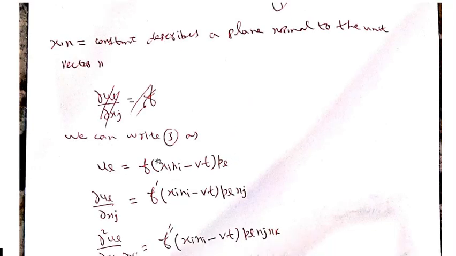So you can write your solution 3 in this form: u_l equals f of x_i n_i minus vt, times p_l. This is any lth component of the solution.